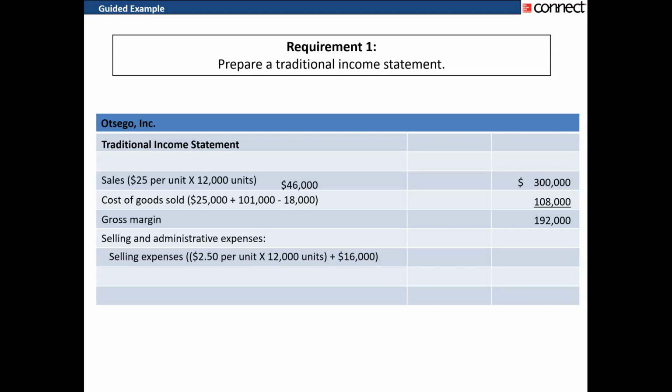So how you arrive at the answer for selling expenses is you're going to take your $2.50 per unit, multiply it by how many units you sell, and that will give you your variable selling expense amount. Then add your fixed expense of $16,000.